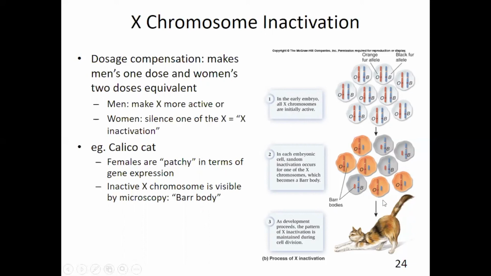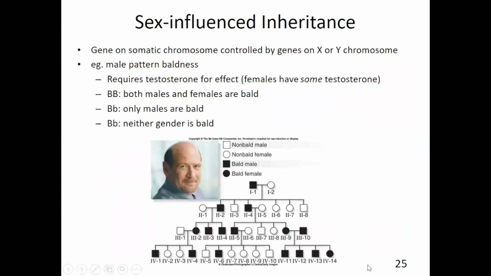And this is what accounts for the coloration patterns in calico cats. There are other examples of traits which are influenced by sex, and these are for any genes that are located on the sex chromosomes, either the X or the Y chromosome.